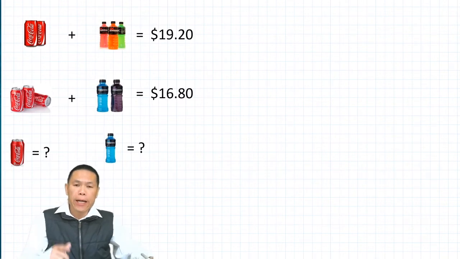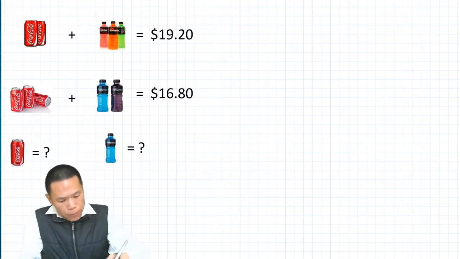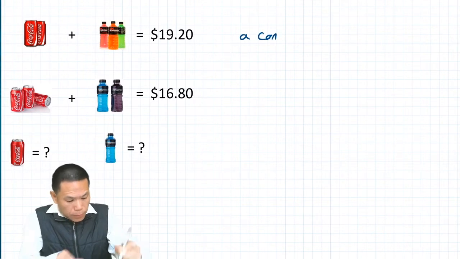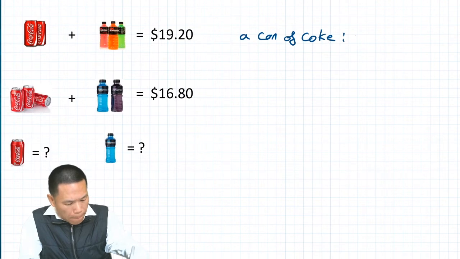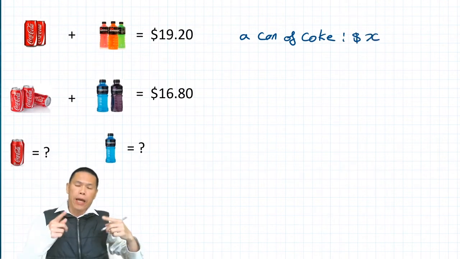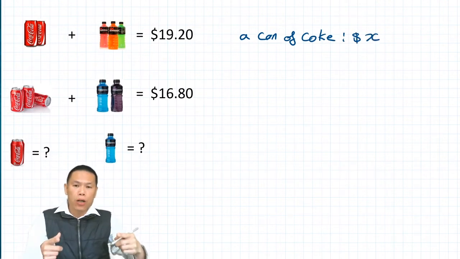So we can let a can of Coke cost x dollars, and a bottle of Powerade cost y dollars.